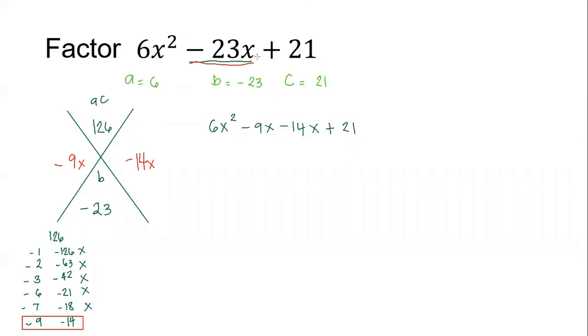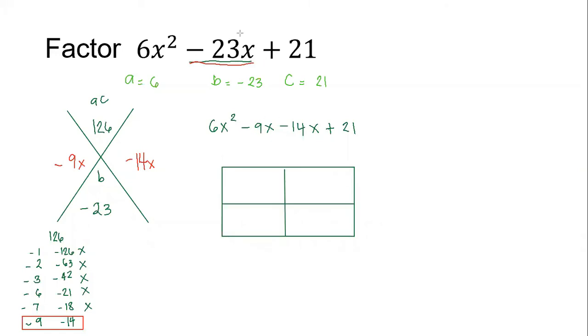So we just break down negative 23x into negative 9x minus 14x. The next step is for us to draw the box. And we're going to write each of the terms inside the box. So we have 6x squared. We could have negative 9x right here, negative 14x, and positive 21.